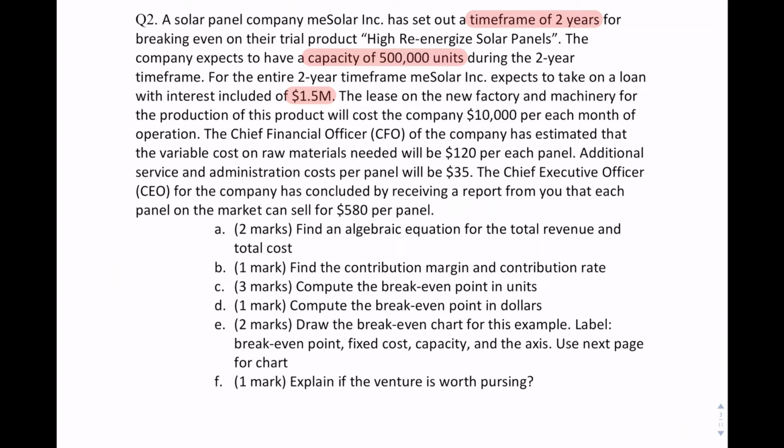2-year time frame. The lease on the new factory and machinery for the production of this product will cost the company $10,000 per each month of the operation. So lease and machinery, 10,000, is another fixed cost.